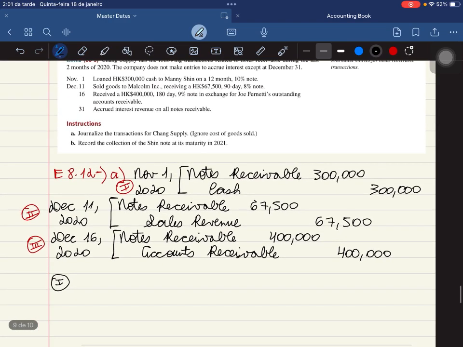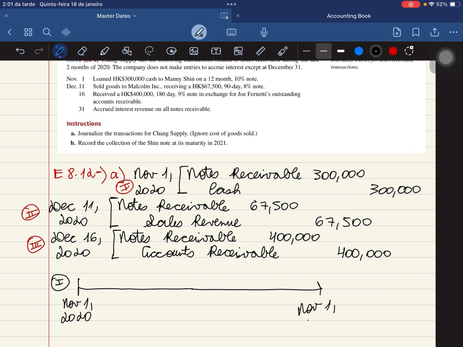The first one was on November 1st, right? It was a 12-month note, and he got it on November 1st of 2020. Since it is a 12-month note, it's going to go until November 1st, 2021. But we are accruing the interest on December 31st. Right now it is November 1st, 2020. 1 month from now is going to be December 1st, 2020, and another month from now is January 1st.